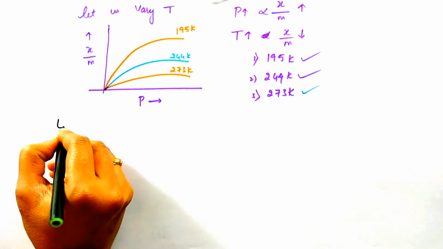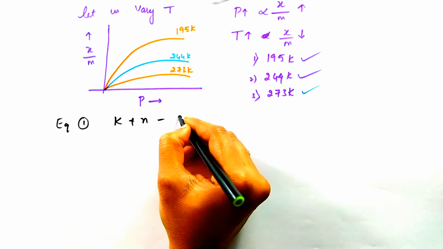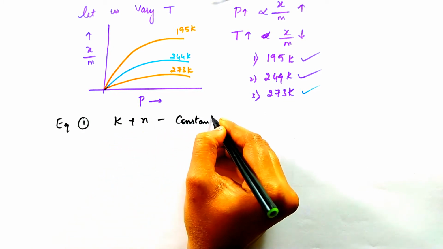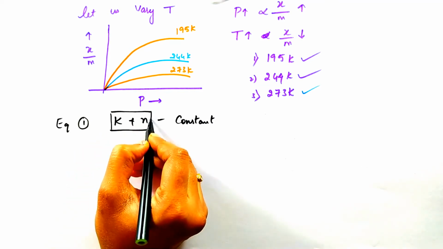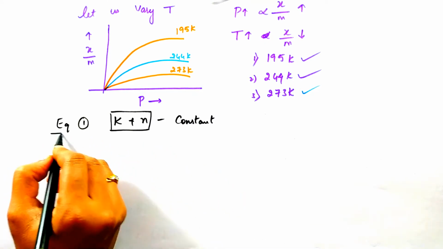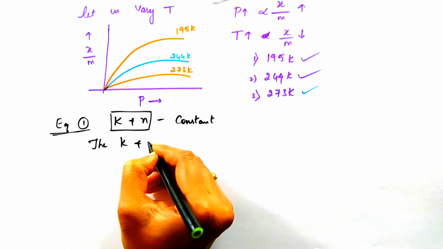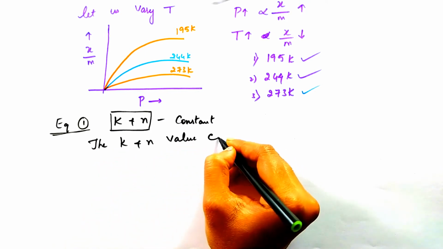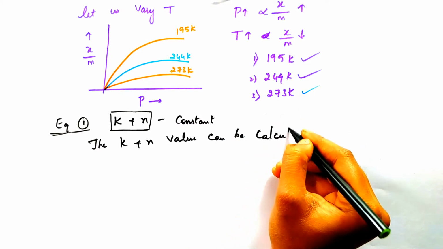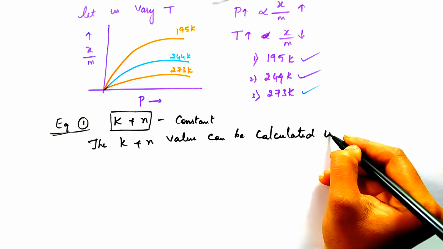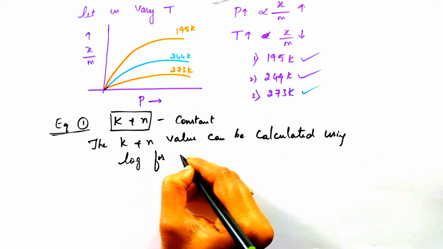In equation 1, I have said that K and N values are constants and depend on the nature of adsorbate and adsorbent. The K and N values can be calculated by using the log of equation 1.